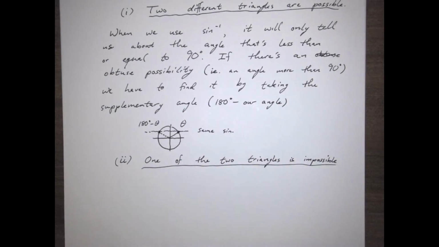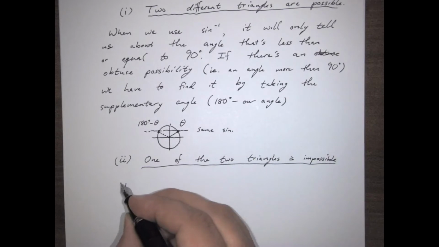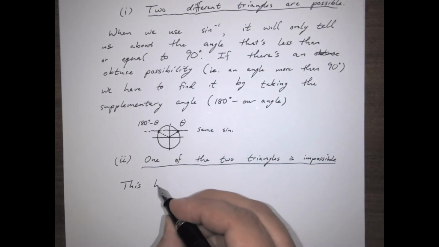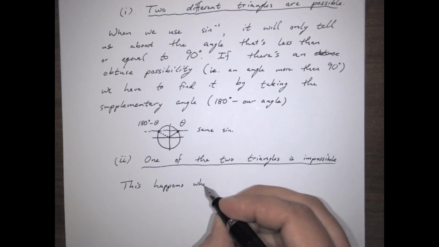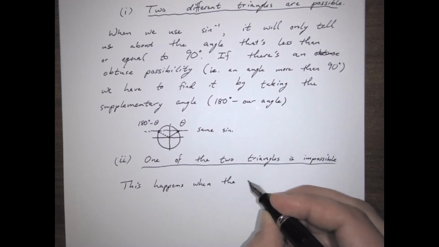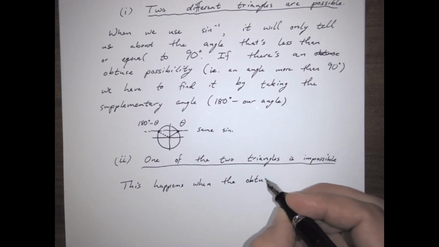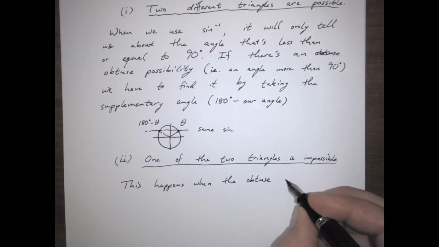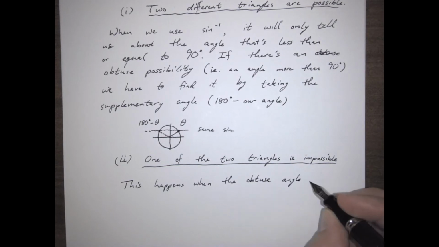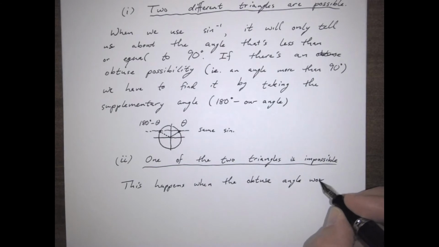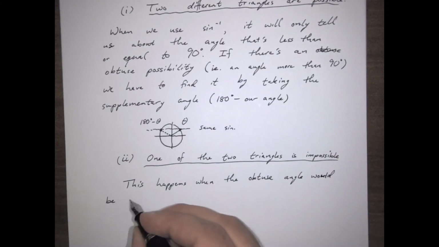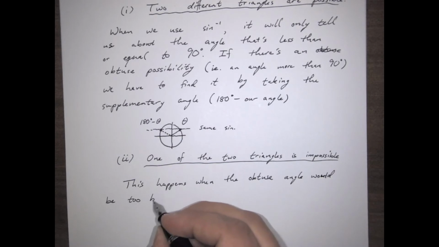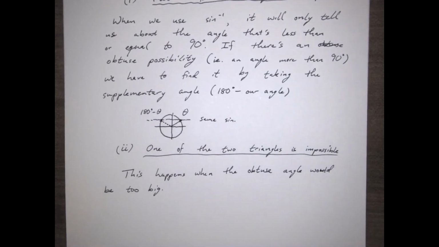That leaves us just one option. This happens when the obtuse angle would be too big. And there are two ways to tell if it's too big.